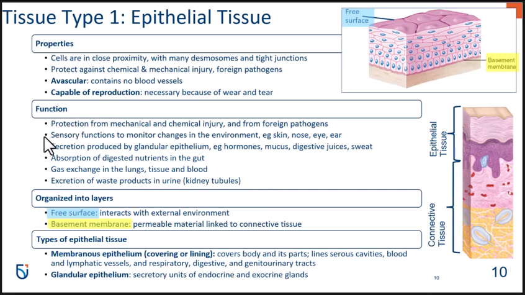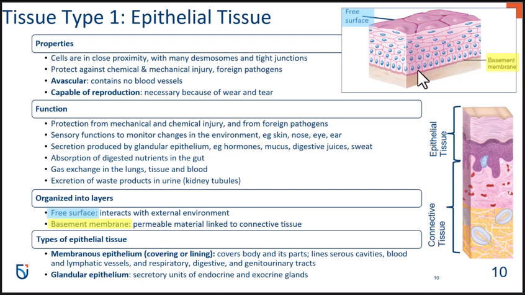And epithelial tissue is organized into two main layers. We have the free surface and the basement membrane. So let's have a look at this image here. Let's say the free surface could be what's exposed to the outside world if we're talking about our skin. Then this would be called the free surface, sometimes called the apical surface. And at the bottom, we have this basement membrane.